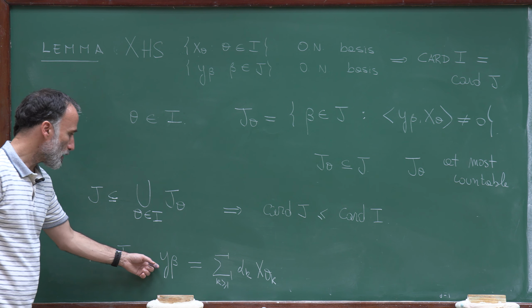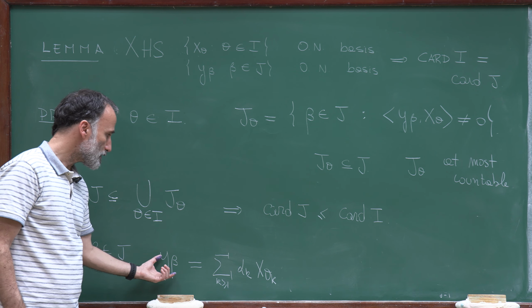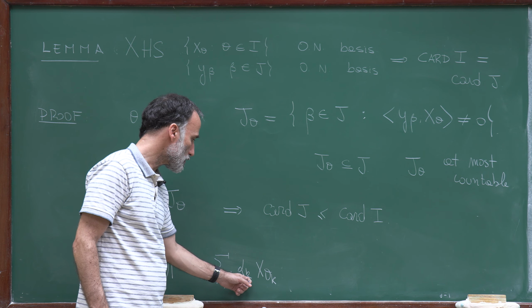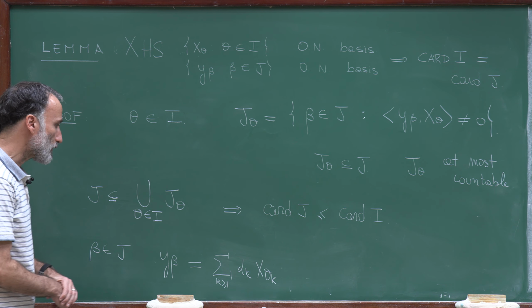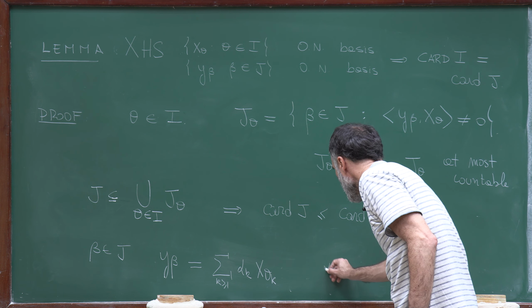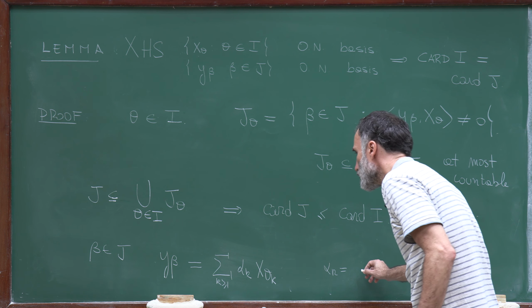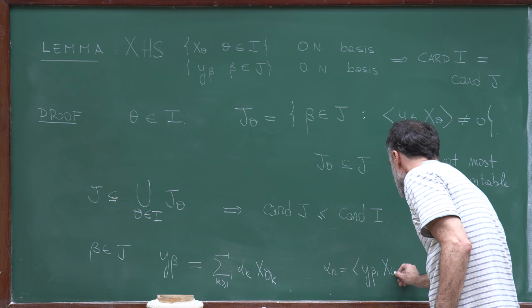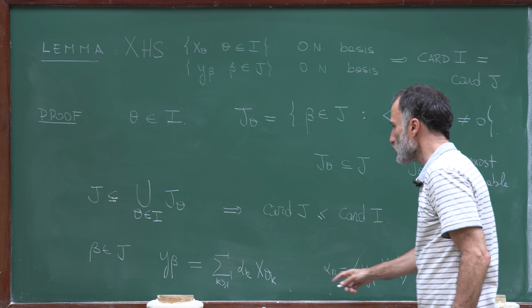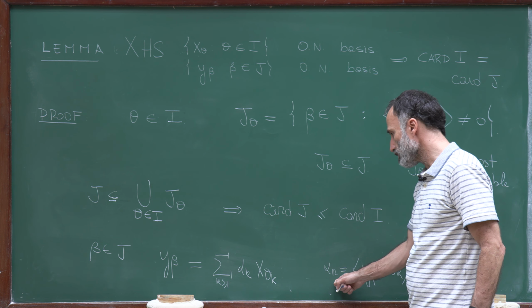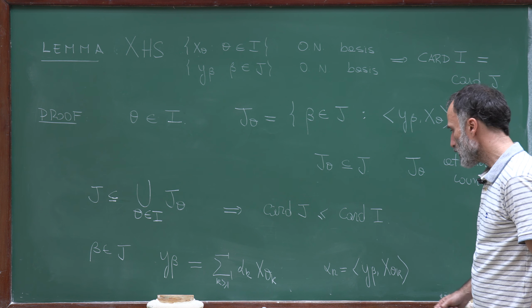Since the norm of y_β is 1, y_β is different from 0, so there is at least one of these coefficients α_k which is different from 0, and we know that α_k is equal to the scalar product of y_β with x_θk. So since y_β is different from 0, there is at least one k for which α_k is different from 0.